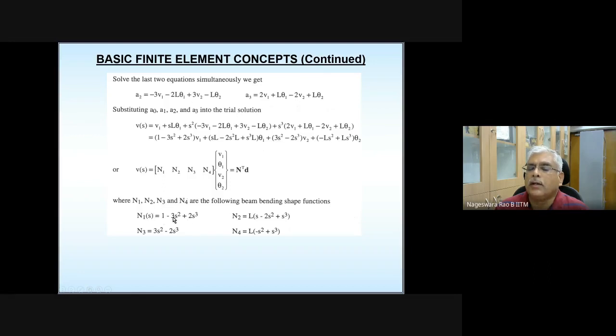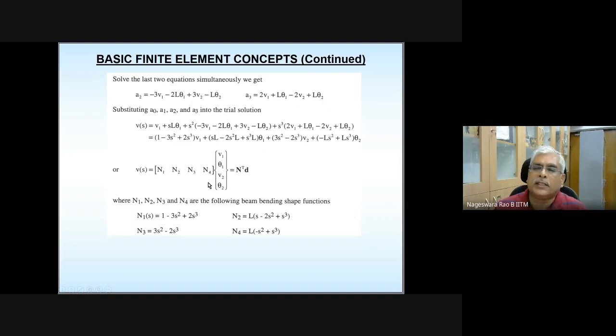Here N1, N2 are cubic, and N3, N4 are also cubic. So V is going to be cubic, the variation is cubic.